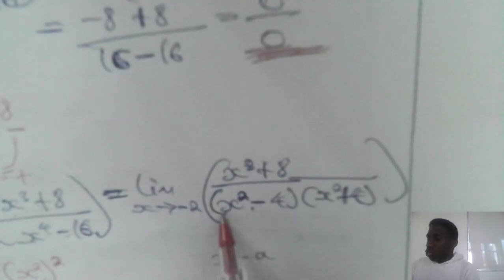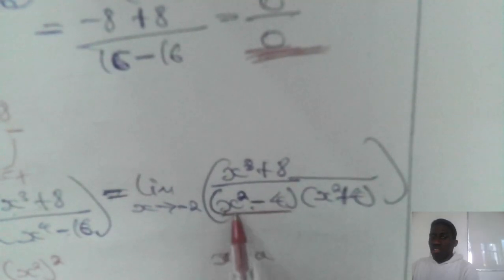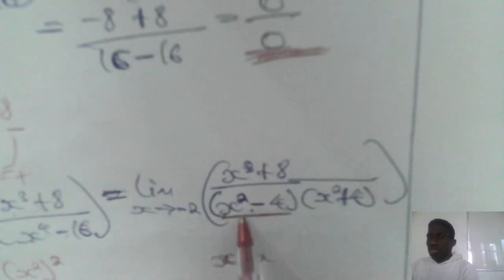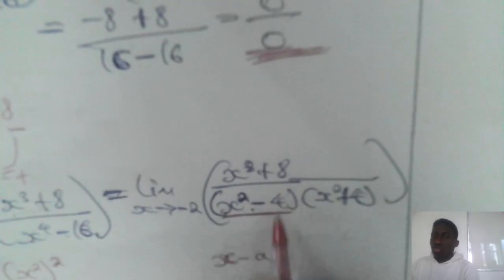But if we look at this x squared minus 4, we can still get 2 other brackets from it, because it's still a difference of 2 squares. The square root of x squared is x, and the square root of 4 is 2.